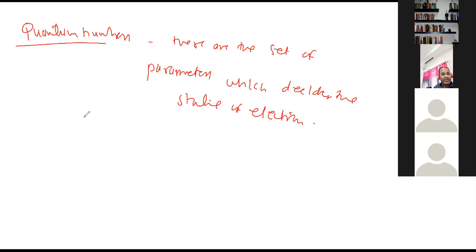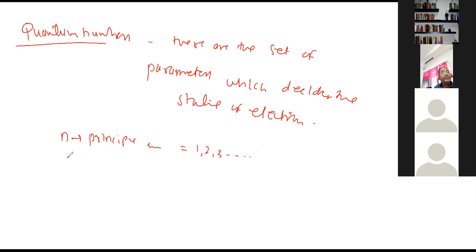We have quantum numbers as n. Write down n. n is called the principal quantum number, having values 1, 2, 3 and so on. Is it right?